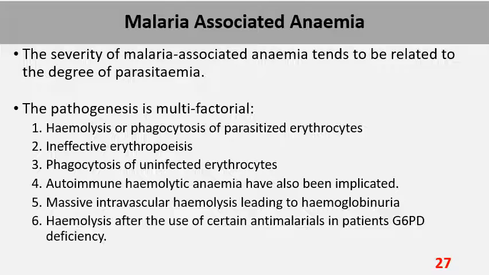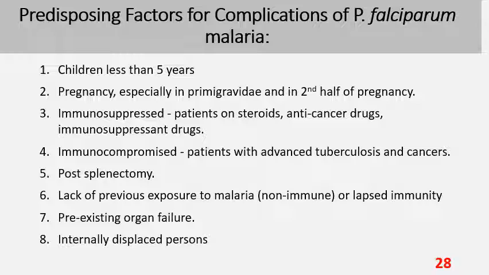So the pathogenesis could be due to several factors, and some of these include hemolysis or phagocytosis of parasitized red cells, ineffective erythropoiesis, phagocytosis of uninfected erythrocytes, autoimmune hemolytic anemia that is also being implicated, massive intravascular hemolysis leading to hemoglobinuria, and hemolysis after use of certain antimalarials. So these are the various mechanisms by which anemia occurs in severe malaria cases.